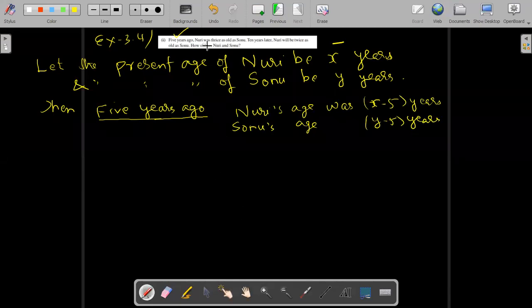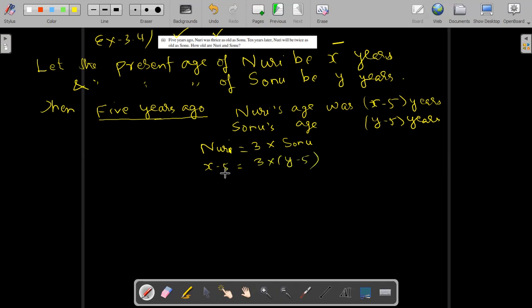But the relation is Nuri was thrice as old as Sonu. So first you write Nuri, then is equal to thrice, meaning 3 times Sonu. For your understanding, you can write: Nuri's age before 5 years, x minus 5, and Sonu's age was y minus 5.